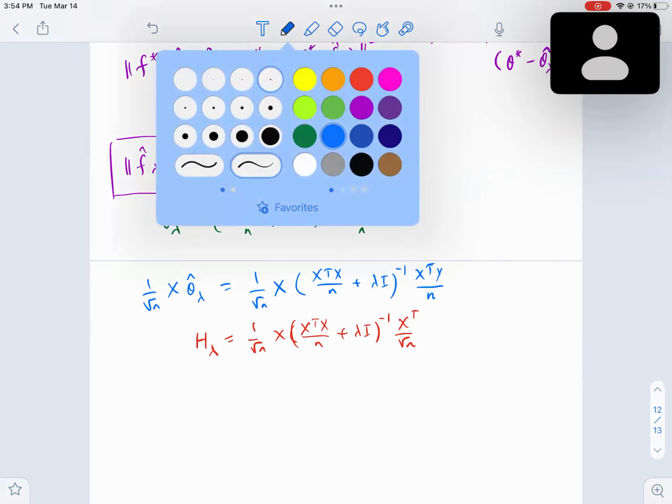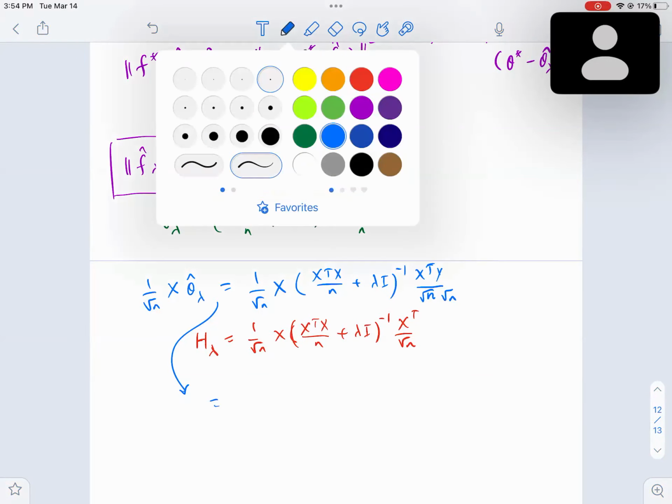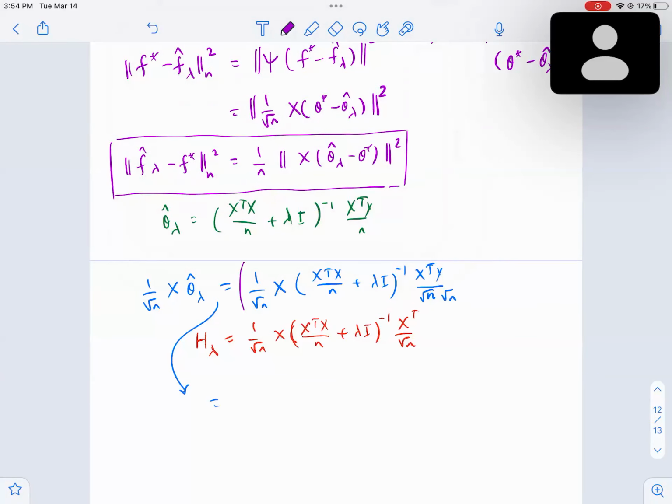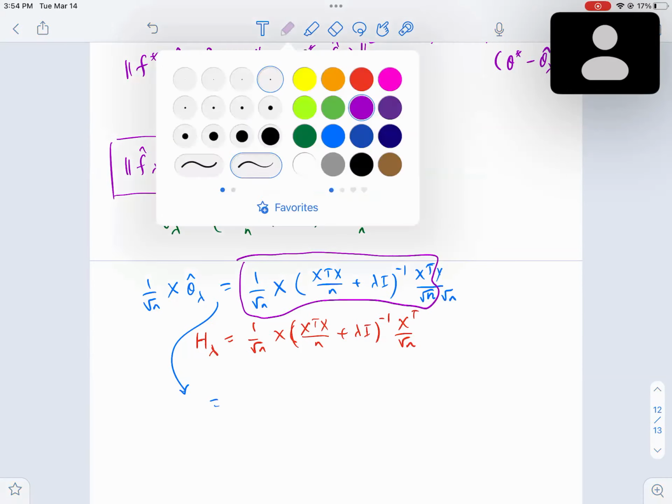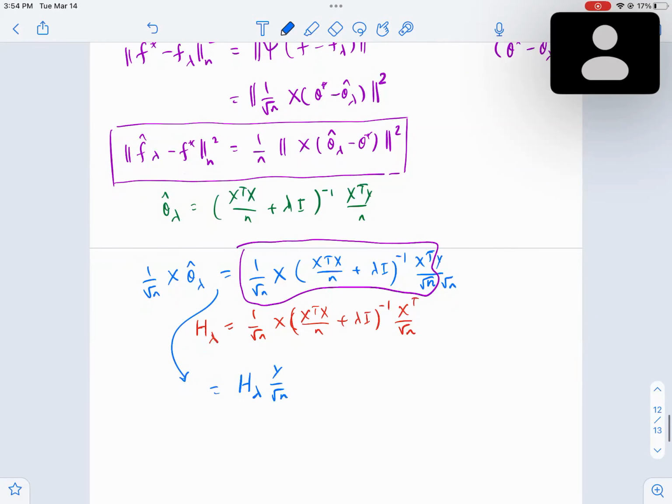With that, I can rewrite this by taking the root n's out. What I would get here is really h lambda times y over root n. So a simple formula: what I'm looking at is this matrix times y over root n.